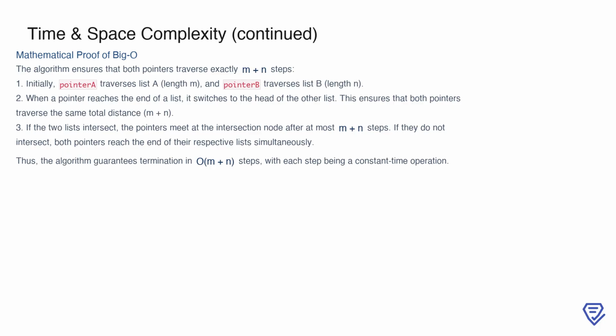If the 2 lists intersect, the pointers meet at the intersection node within this total traversal. If they do not intersect, both pointers reach the end of their respective lists simultaneously after m plus n steps. Importantly, each step of the traversal involves a constant time operation, such as moving the pointer or comparing nodes. This guarantees that the algorithm completes in O(m plus n) time.